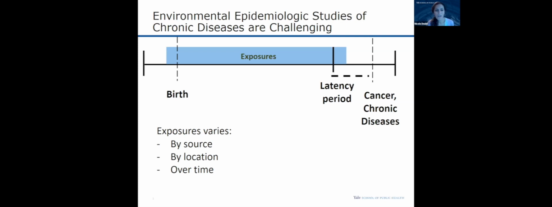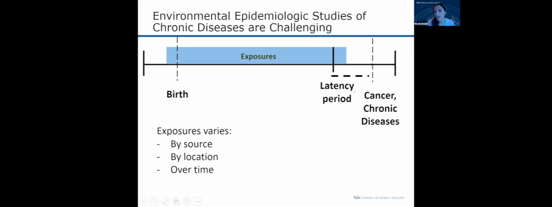They could be varying by source, so you could have it in the water, the air, cosmetics, by location, where are you spending your time? The levels in the air and water can be changing over time. So trying to capture all of this appropriately is certainly challenging.